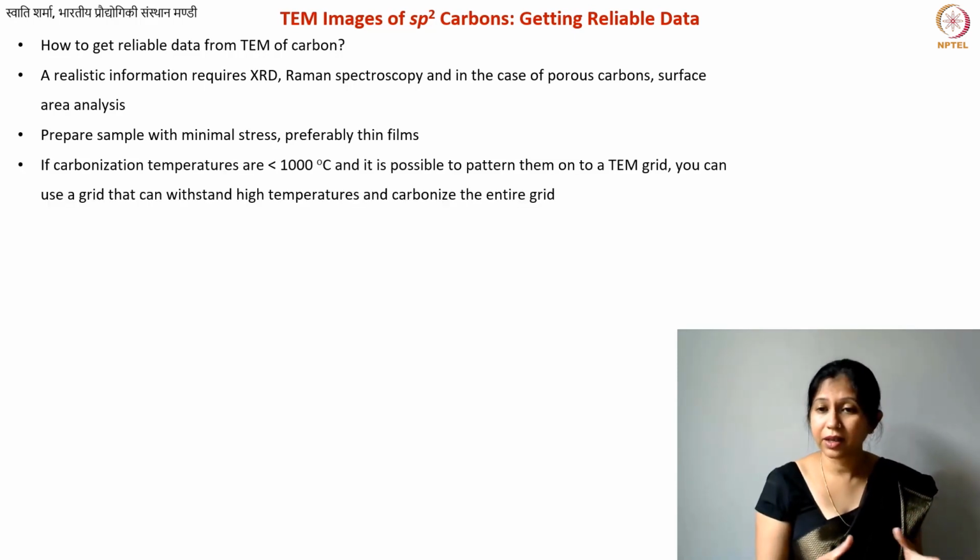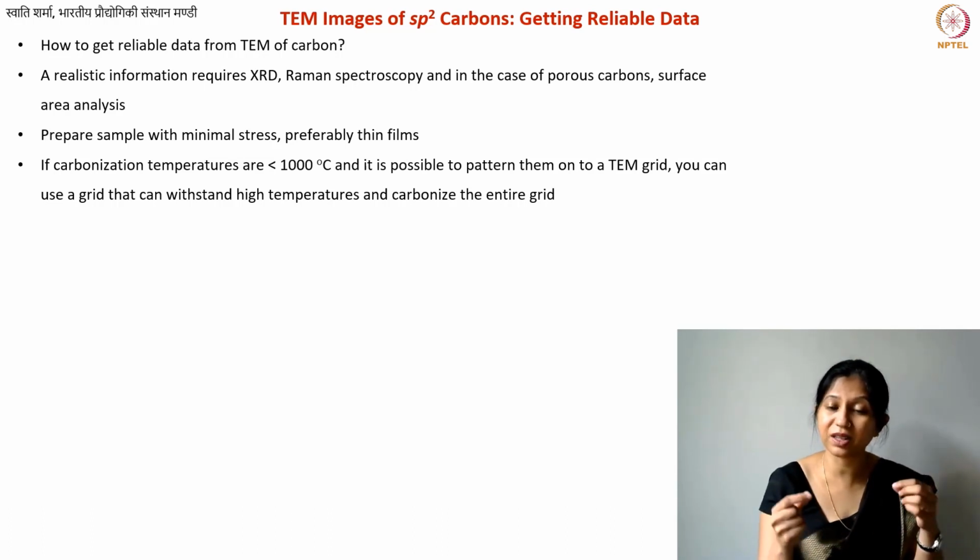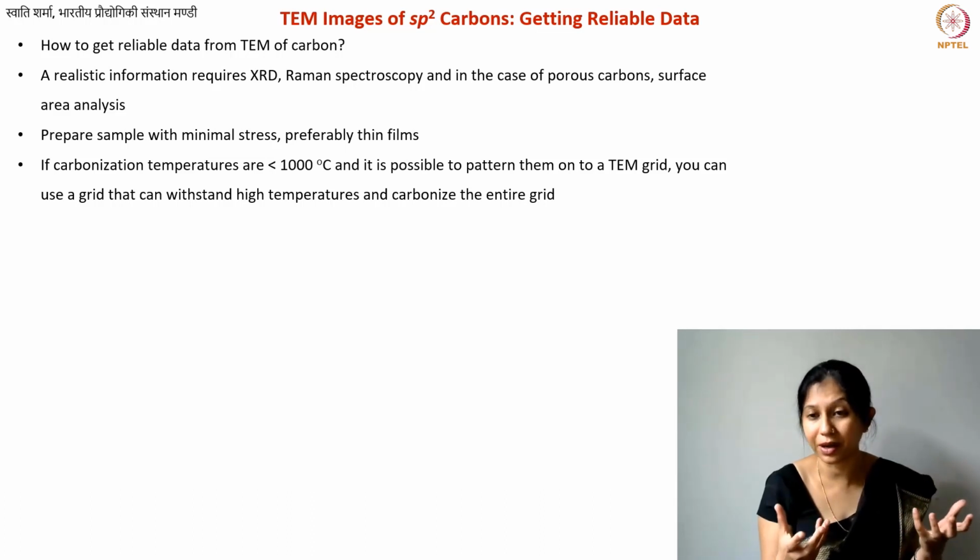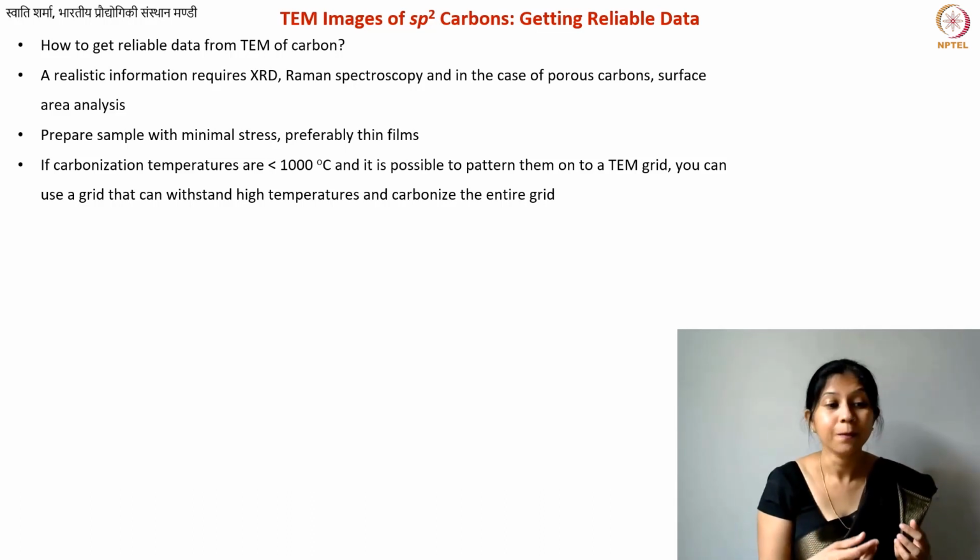One thing that here and there I have used as a trick is that there are some TEM grids that are made of, for example, molybdenum, so they can withstand relatively high temperatures. So especially when you're working with, for example, electrospun carbon nanofibers, or even when you're using any other polymer, you can make a thin film. What I'm saying here is valid for polymer carbonization, not for hydrocarbon pyrolysis or other methods.